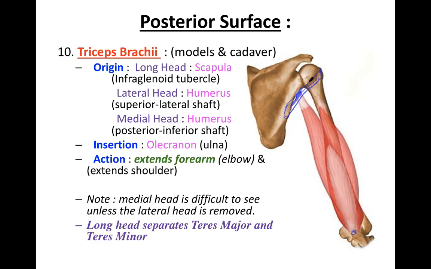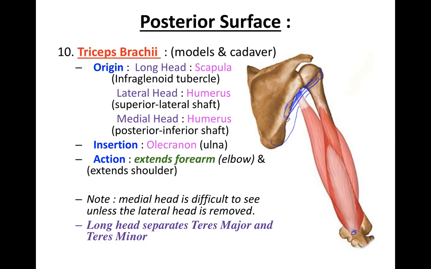So if we had teres minor, it would sit like this. And then teres major is going to come this way. And at this point, it's going to go in front of the long head here. So the long head of the tricep actually splits teres minor from teres major.